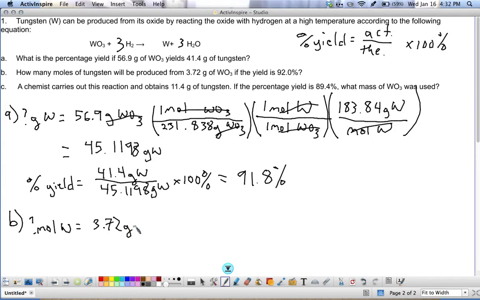3.72 grams tungsten oxide, aka WO3. And this is 1 mole tungsten oxide over the molar mass of tungsten oxide.